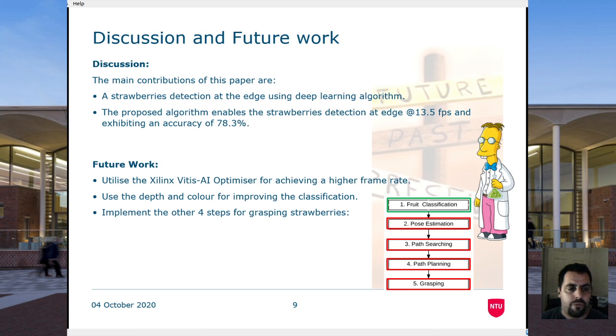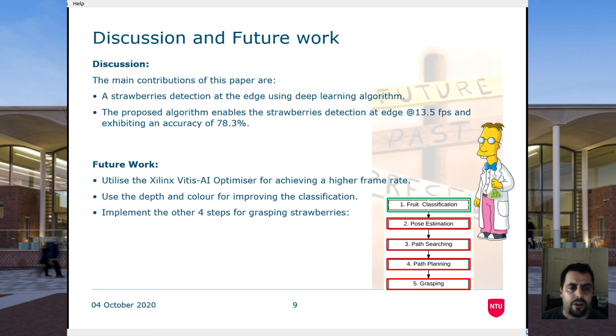In terms of future work, we'll utilize the Vitis AI Optimizer for achieving a higher frame rate. The Vitis AI Optimizer allows us to do, for example, pruning, which allows us to reduce the size of the network. And again, this will be one of the reasons why the neural network will tend to work faster.